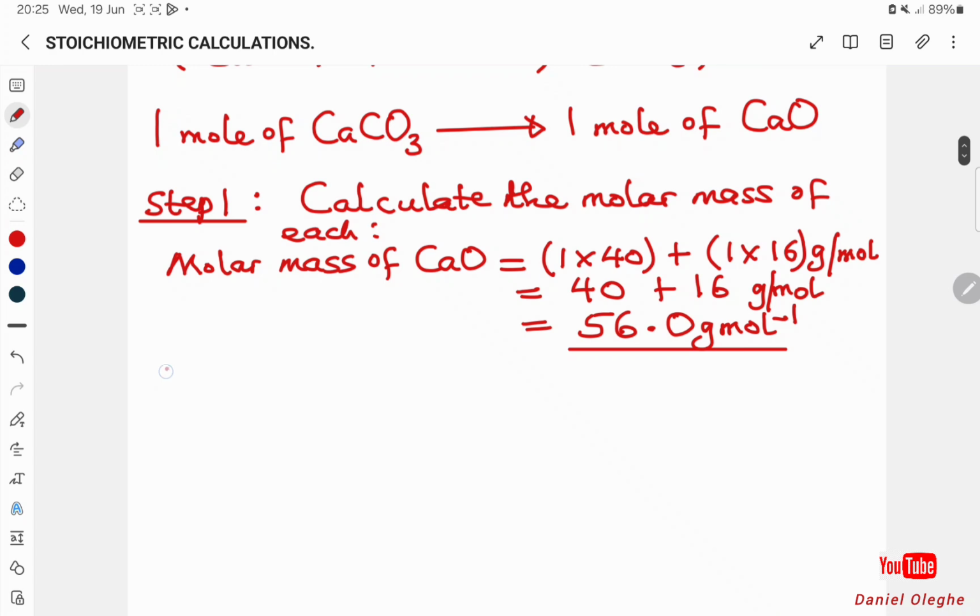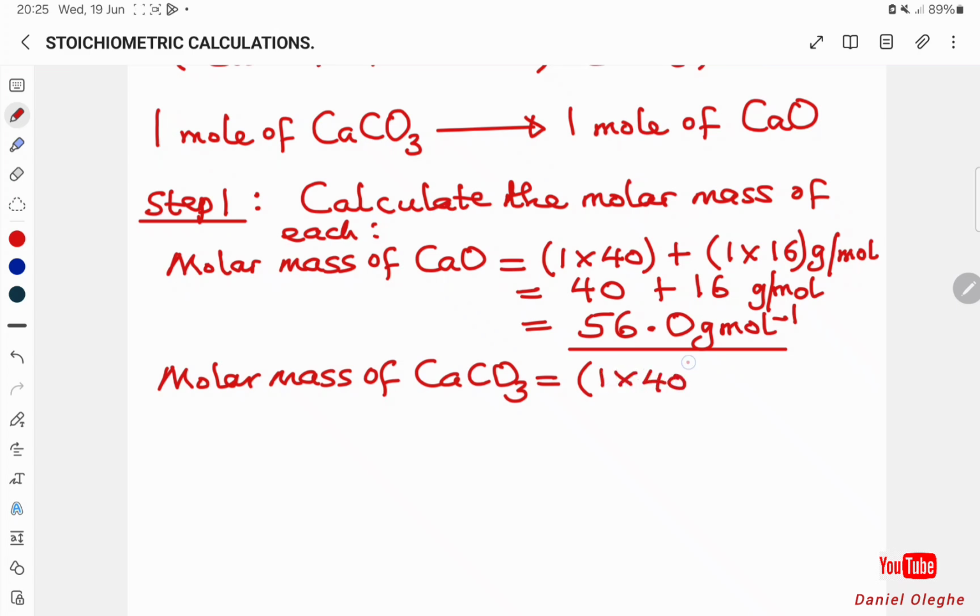The same way, calculate the molar mass of calcium carbonate. Using the atomic masses given, you have 1 times 40 plus 1 times 12 plus 3 times 16 gram per mole.